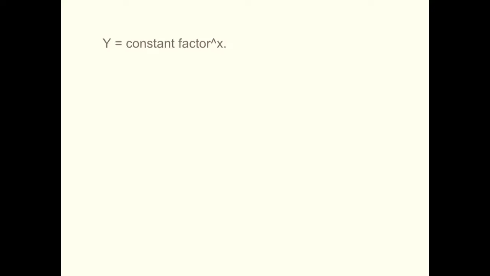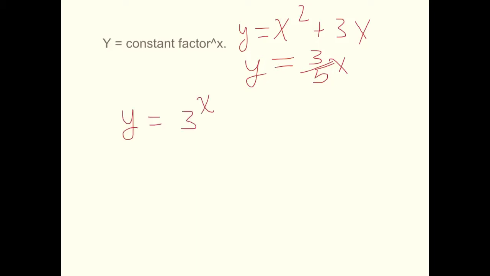In the quadratic functions, x, the variable, was squared, and then it was added on as well. And in linear functions, the variable was constantly multiplied by a rate of change, for example, 3/5. In an exponential function, the variable counts the number of times by which you are multiplying by the same factor.